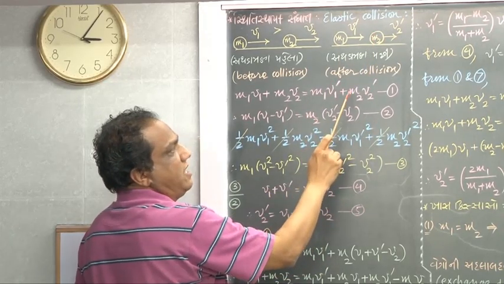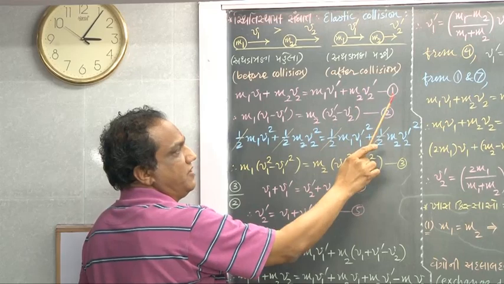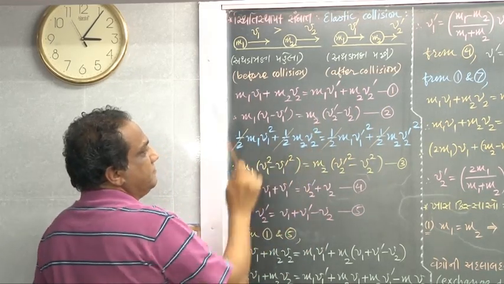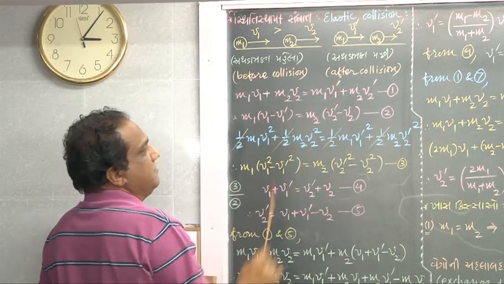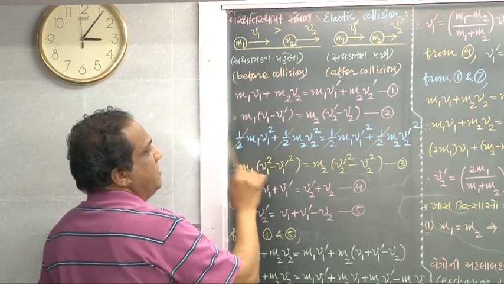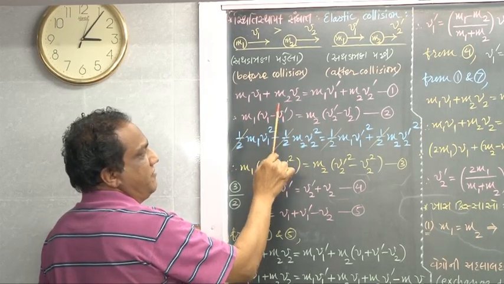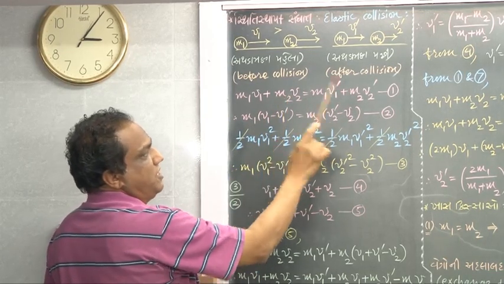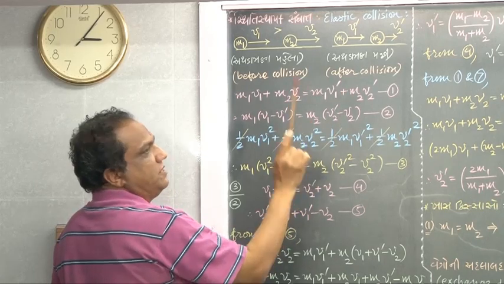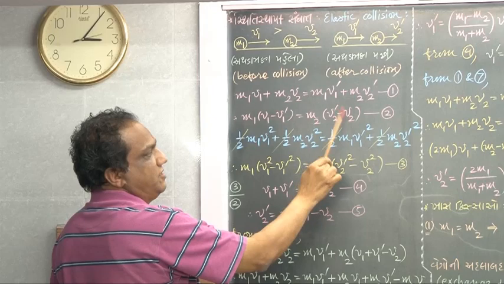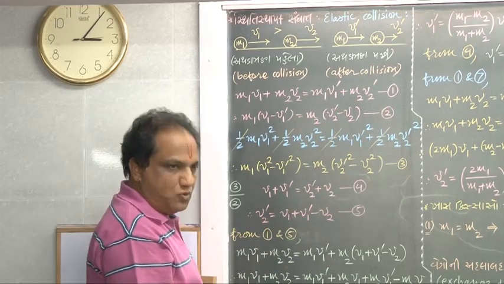Give it equation number 1. Now transfer this part here and that part over there. Taking m1 common, inside the bracket v1 minus v1 dash. Taking m2 common, inside the bracket v2 dash minus v2. Give it equation number 2.